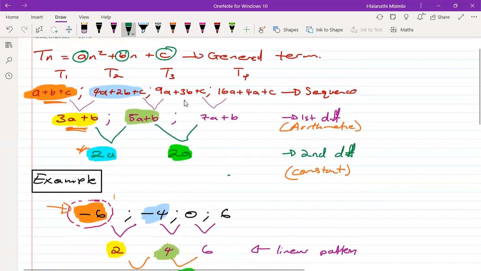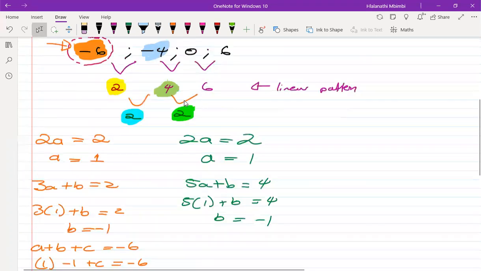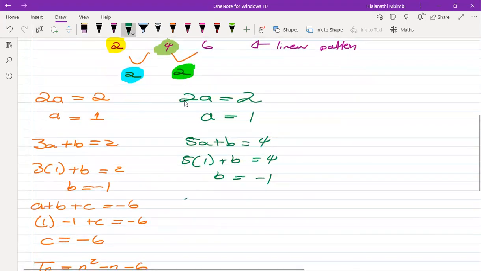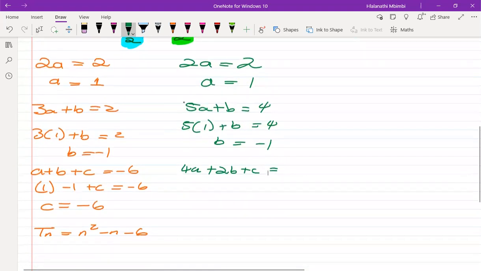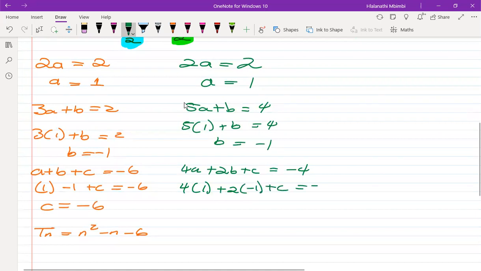And if you want to say 4A plus 2B plus C is equal to -4, you already know what your A is, you already know what your B is, you want your C now.